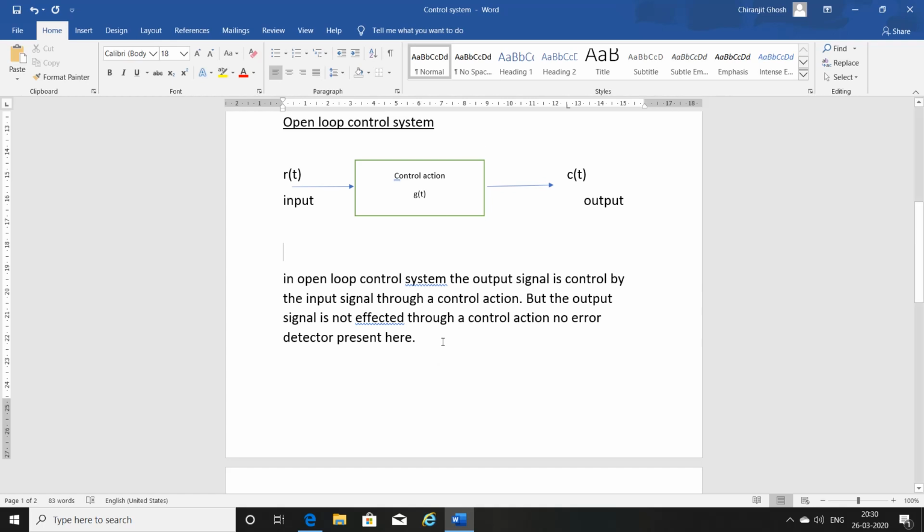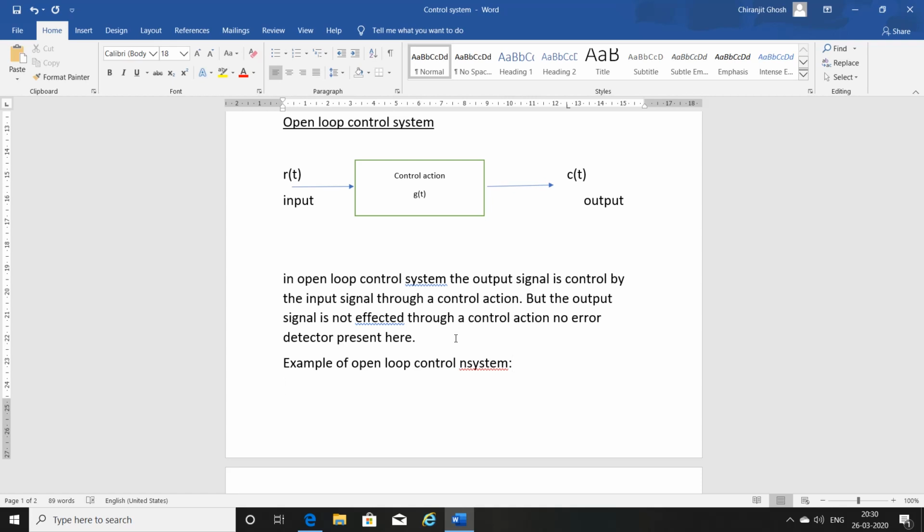So what are the examples of an open loop control system?